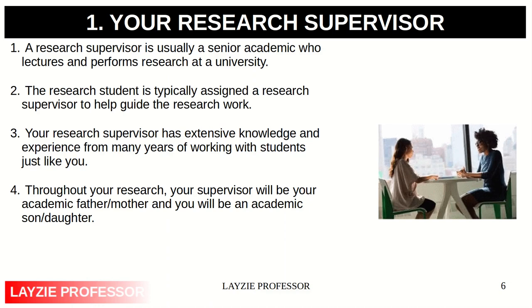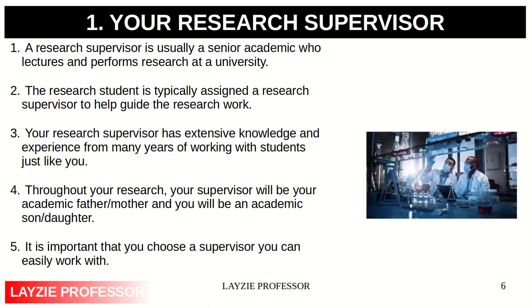The supervisor is there to advise you, explain things to you and point you in a direction where it can help you make progress eventually so you can end your research in peace. And because of the kind of relationship that must exist between you and the supervisor, it is very important that as a student you choose a supervisor who actually has the same research interest as you have, and a supervisor whom you can easily work with.